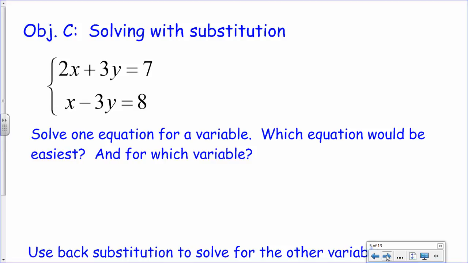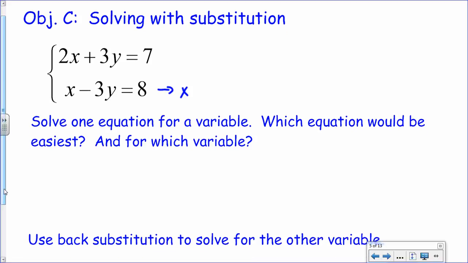So let's pick the easiest one to do that. If you look at your two equations, top and bottom, which equation would be the easiest to get a variable by itself? The bottom. And what variable would I want to solve for? X. Because all I have to do is just add that 3y over.